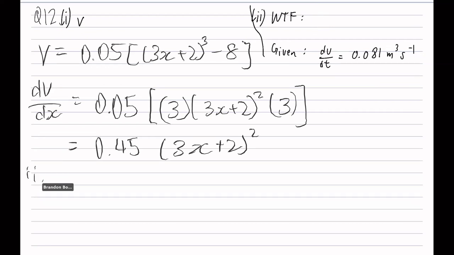Rate at which... so find height dx over dt.